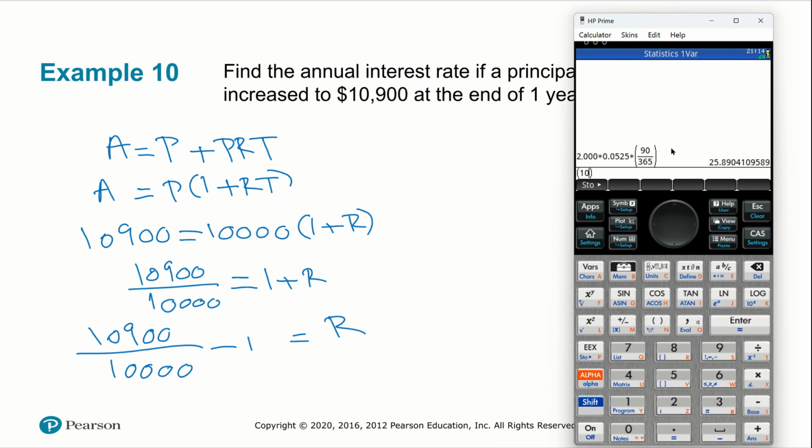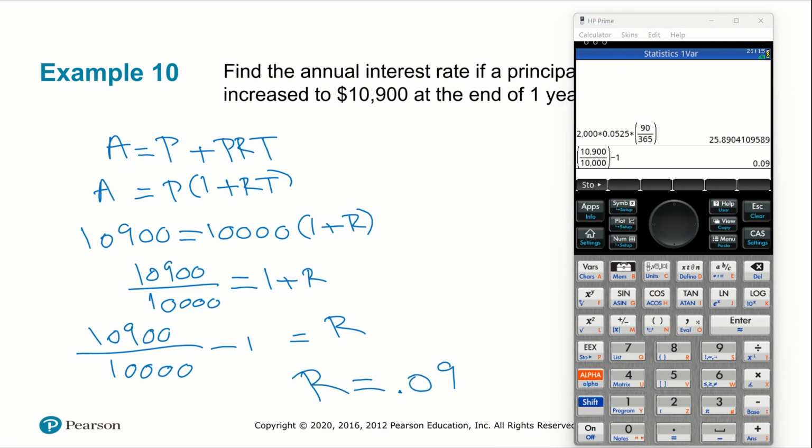So 10,900 divided by 10,000, and now we get out of the parentheses and we put minus 1, enter. So we get 0.09.